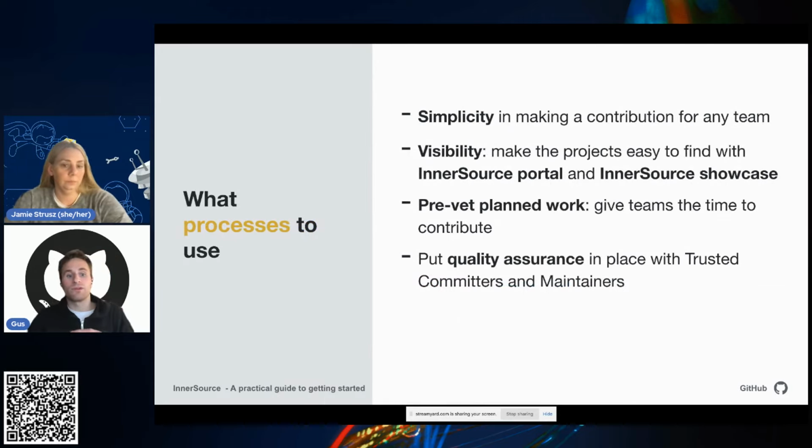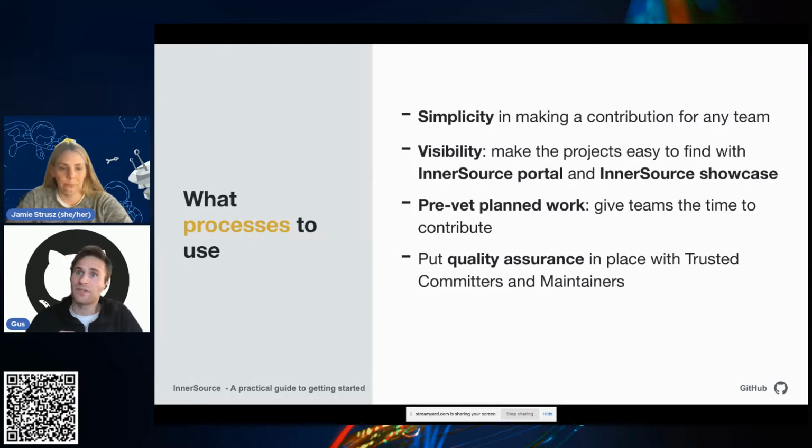And so in terms of the processes that you use, you want to make it as easy as possible for someone to make a contribution. Simplicity is better because it can be explained clearly and quickly, and it doesn't mean that your project is trivial and weak. It just means that it's easy to make a contribution to, which is exactly what you want when you are starting out with your inner sourcing.